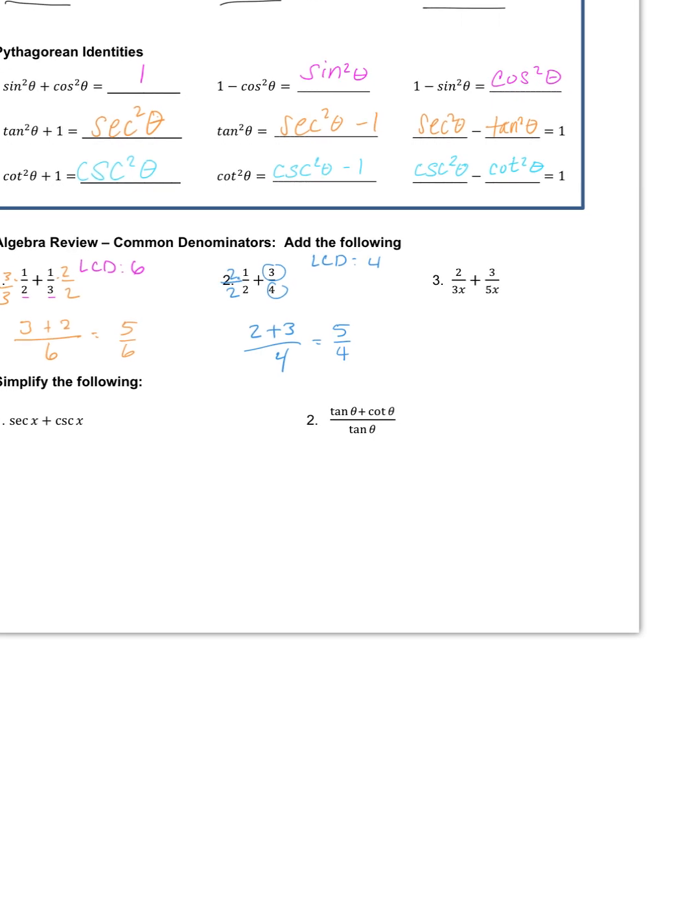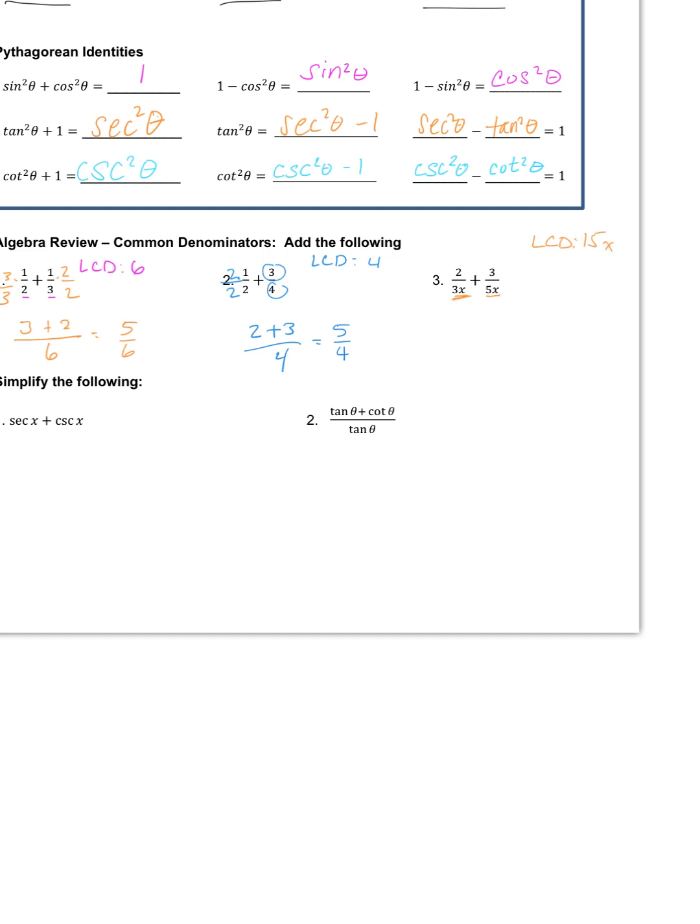Next thing we'll look at is this one. Think about what our LCD would be for this one. Remember, whenever you're doing LCD, especially when it comes to having variables and different things, and we're going to have trig functions as denominators, everything for the LCD must be provided. So between the 3 and the 5, that has to be 15. But the x has to be represented.